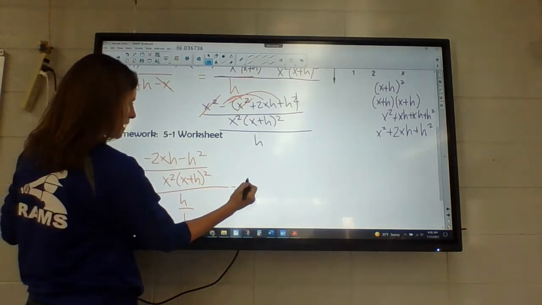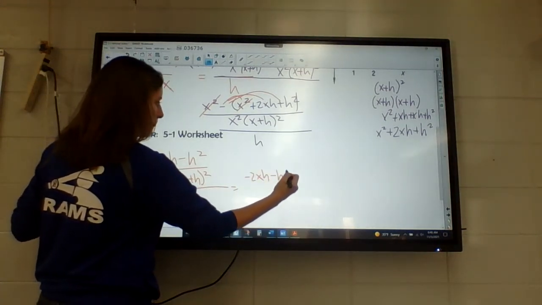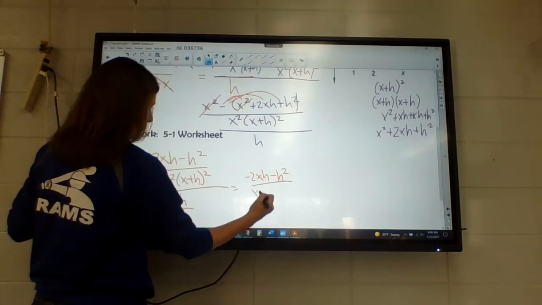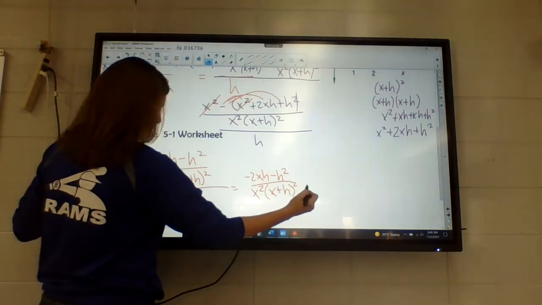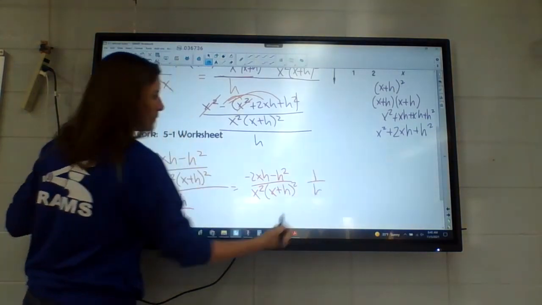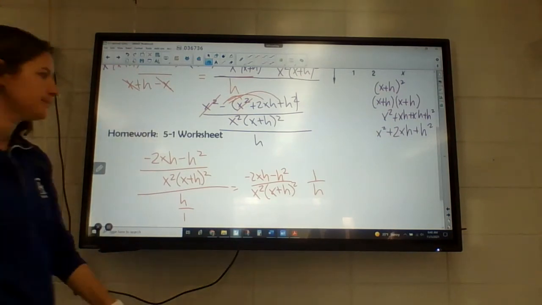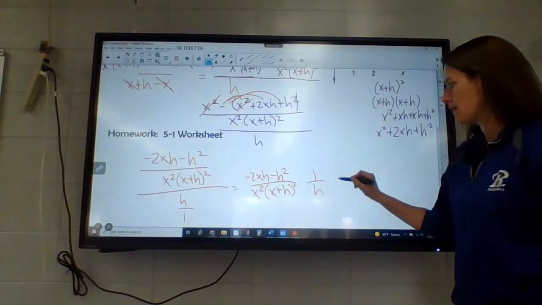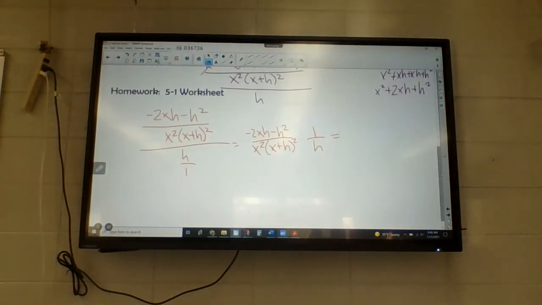We can deal with that in a second. So I flipped and multiplied. There's a little bit more factoring I can do that's going to be a good thing.